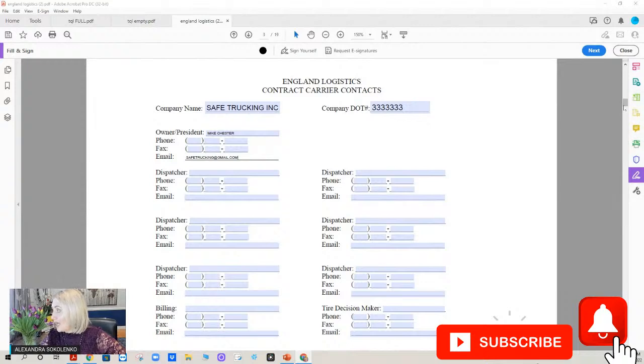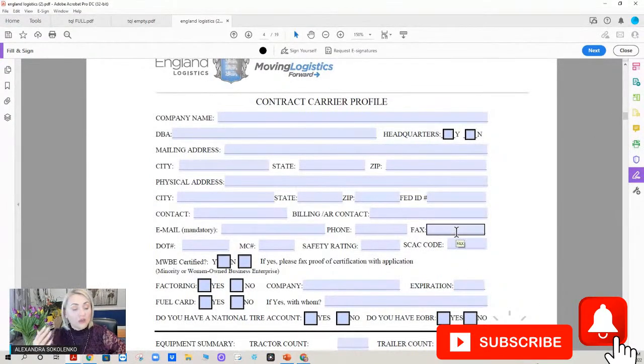You guys going to fill it out. And where do you get that information? Of course, from your carrier setup. Because when you're going to start dispatching, you guys going to have all the carrier setups in front of you, right? All of them. If you dispatch 5 different companies, you're going to have 5 different setups in front of you. You're going to have them on your desktop, saved as a carrier setup.